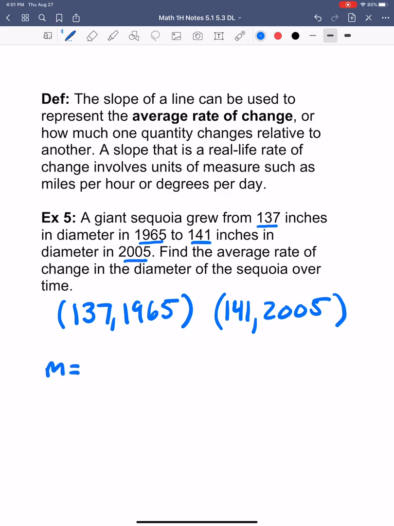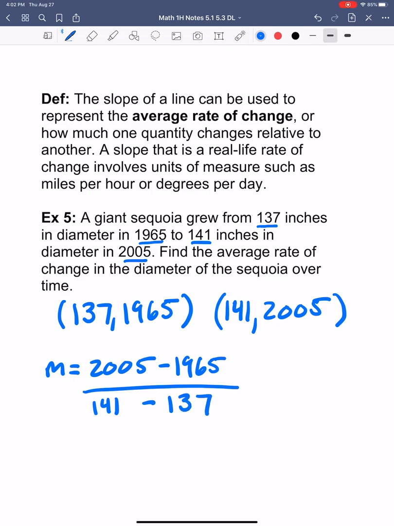So that's going to be 2005 minus 1965. So I subtracted the y values, right? y2 minus y1. Okay, over. Subtract the x values, 141 minus 137.